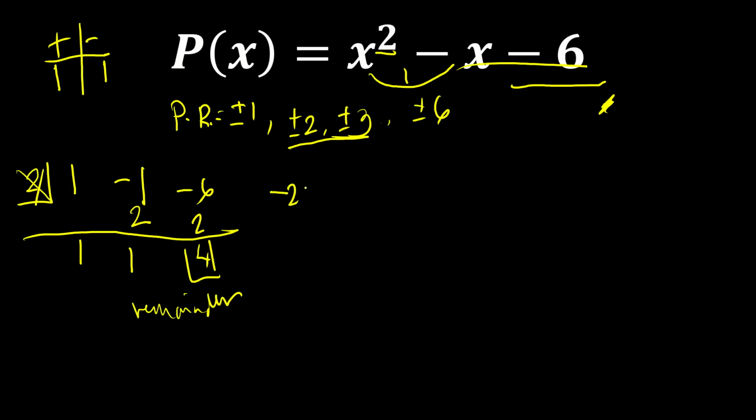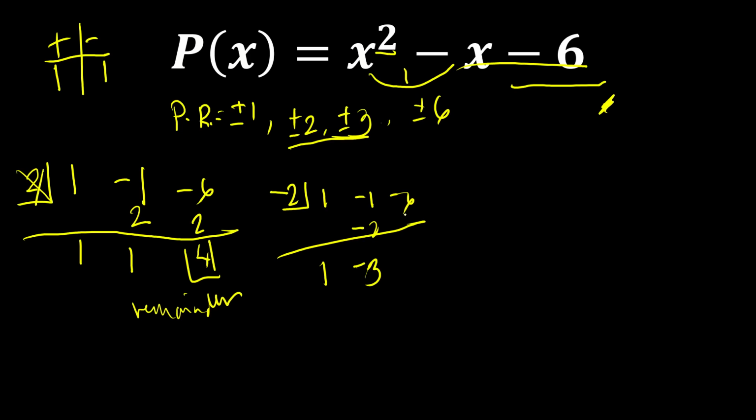Try na natin yung kabaligtaran ni positive 2. So, negative 2. So, 1, negative 1, negative 6. Bring down 1. 1 times negative 2 is negative 2. Negative 1 plus negative 2 is negative 3.